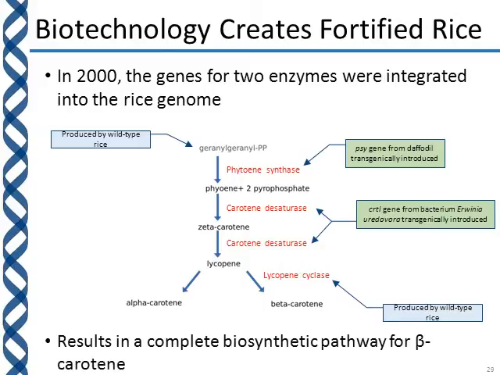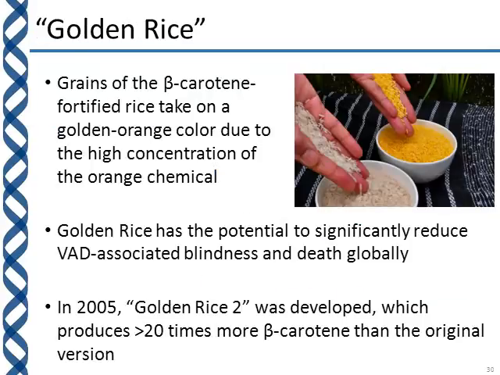This results in a complete biosynthetic pathway for beta carotene. So this produces the golden rice. Grains of the beta carotene fortified rice take on a golden orange color due to the high concentration of beta carotene.